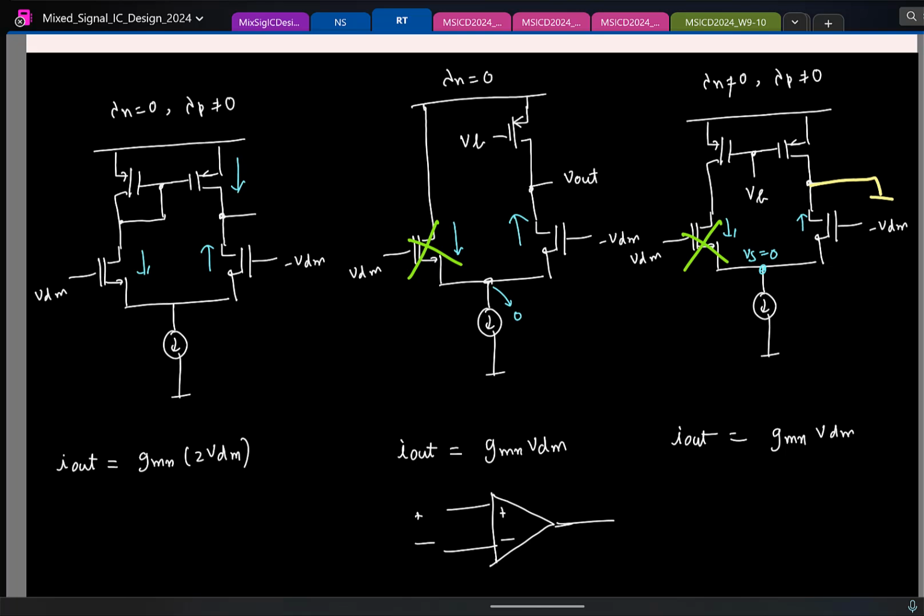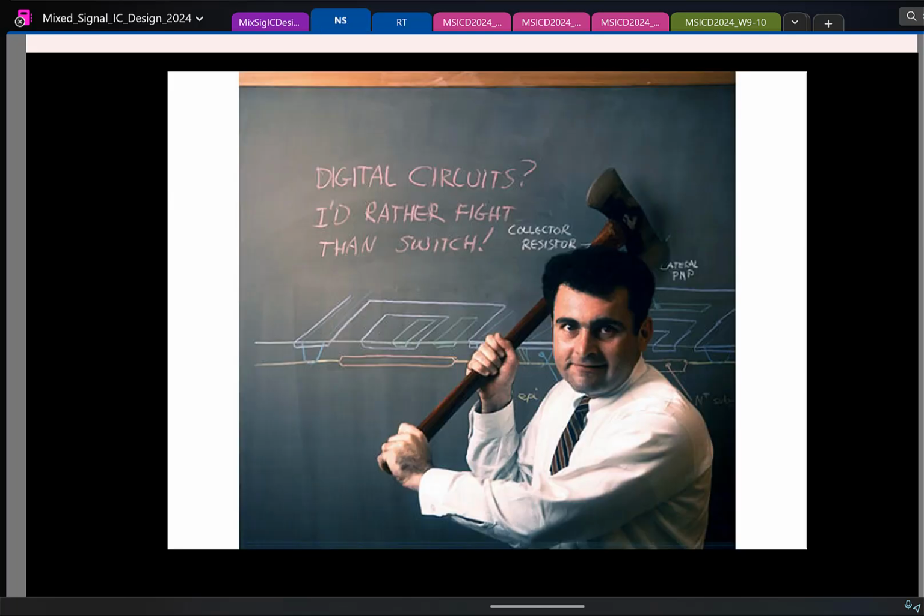Yeah. And it turns out this was actually discovered or invented in the late 1960s or early 70s by Bob Widlar. I don't know if you guys, has anyone heard of the Widlar current source or current mirror? Yeah, so he was a prolific and a crazy circuit designer. Okay, and I think I have some pictures. So he's the guy.